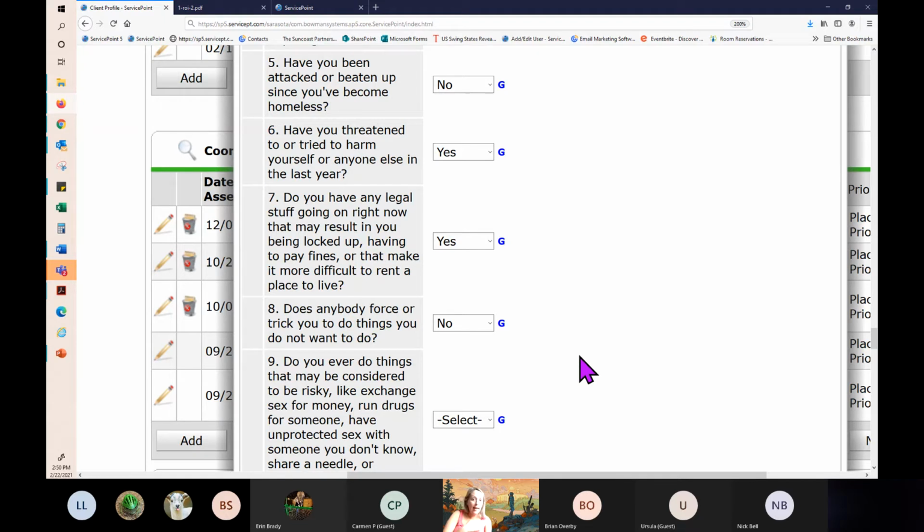Or clients who know that you get a monthly disability income, and they'll come hanging around that first of the month, like Brian was talking about, in order to stay at the hotel with you. And as soon as the hotel stay is over, they're out the door. They don't even know you again until the next month, stuff like that.